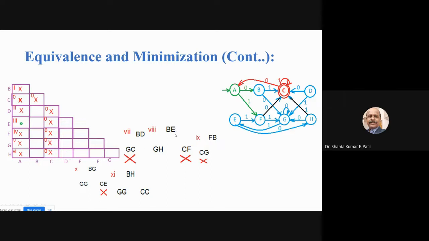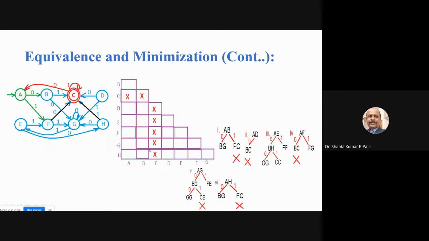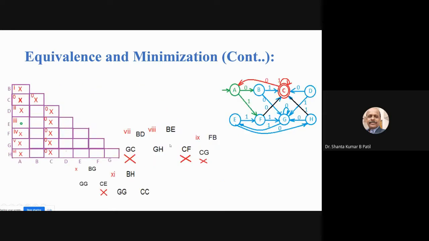Like that, BE on 0 goes to GH. GH has a cross mark in the previous step. So GH has a cross mark. For BE on 1 it is CF.